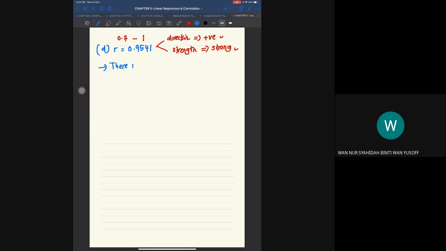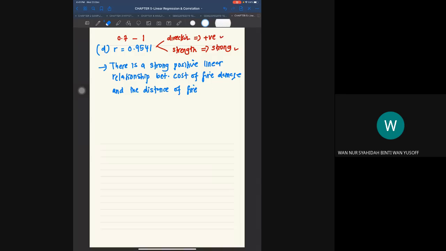So there is a strong positive linear relationship between, you can mention X first and Y, or you can mention Y first and X, between cause of fire damage and the distance of fire accident to fire station.